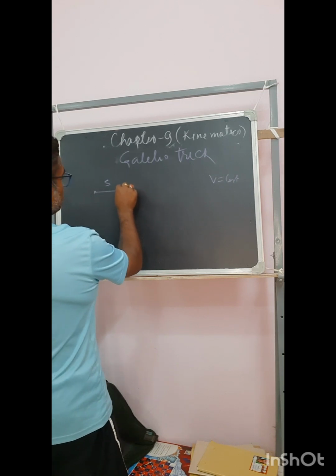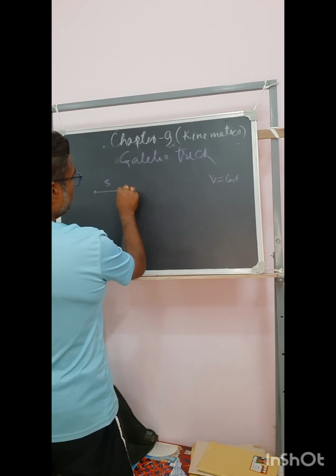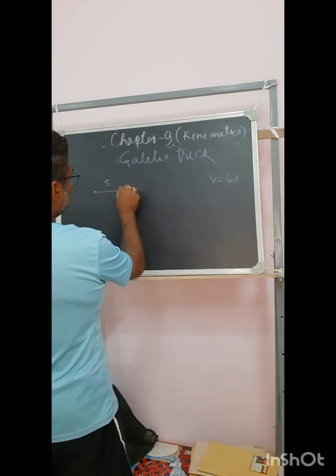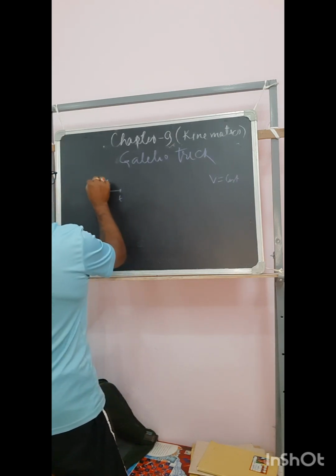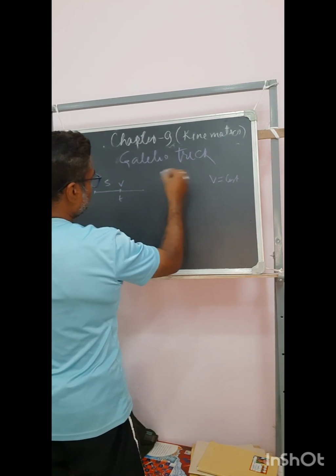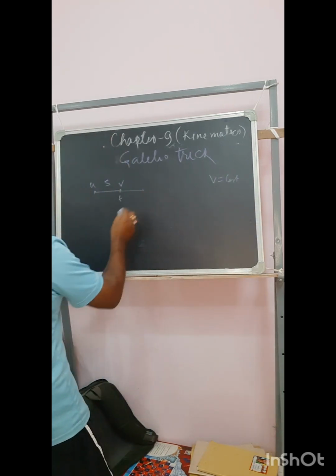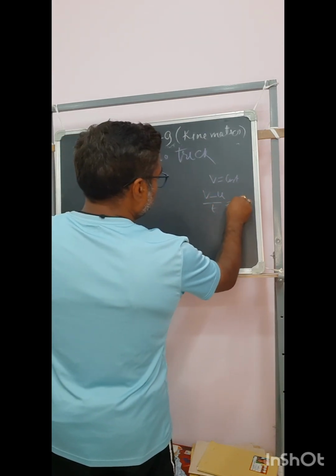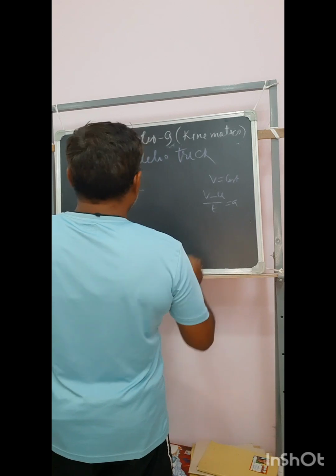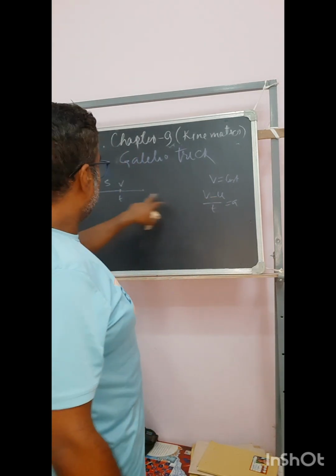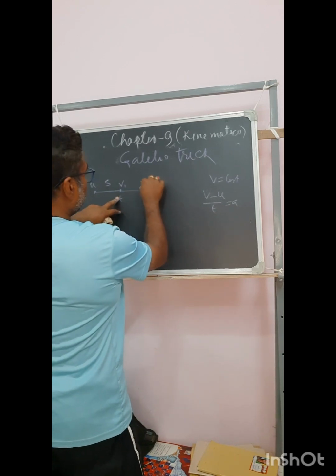So it has achieved a distance. Then after this, starting from u, it has reached v. Then it is constantly increasing in the same manner, meaning v minus u upon t is the acceleration. So after t it is the difference of the velocity. This is v1, this is v2.